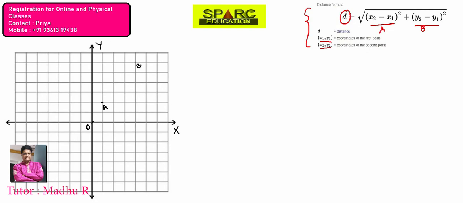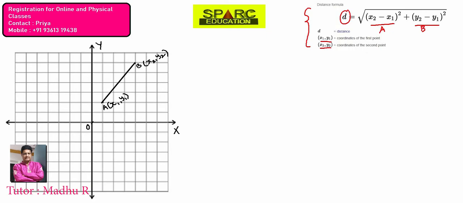Since point A is the first point, let me call the coordinates of point A x1, y1, and the coordinates of point B x2, y2. Now, to find the distance between these 2 points, let me draw a line segment connecting AB.